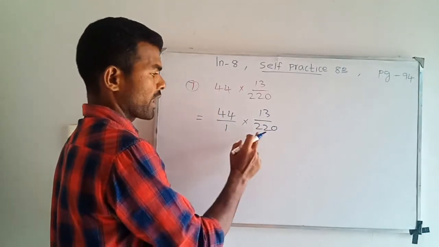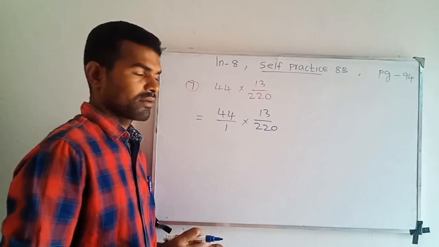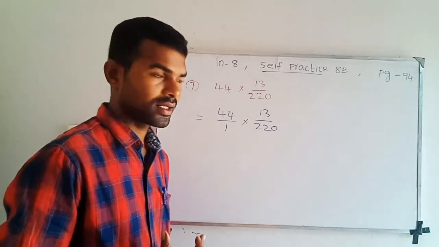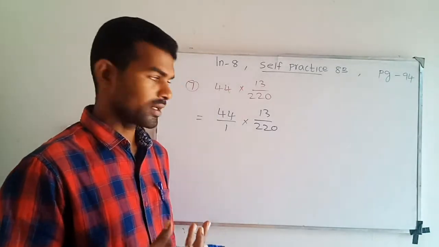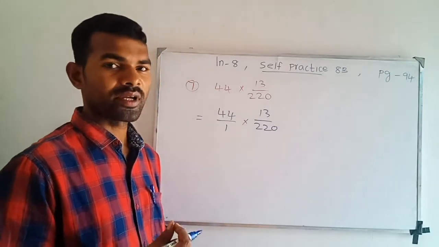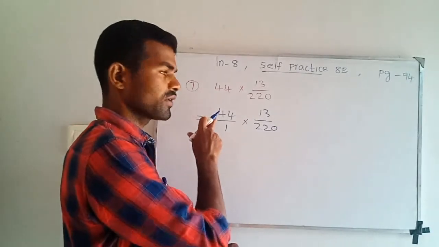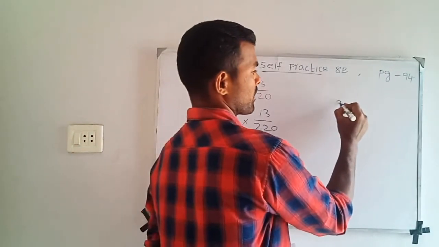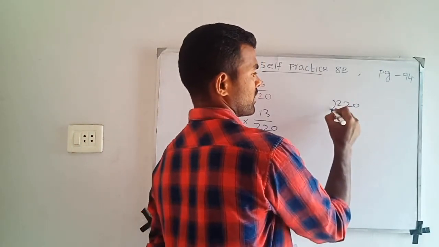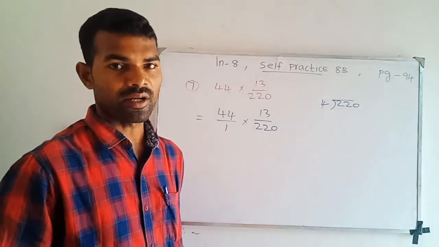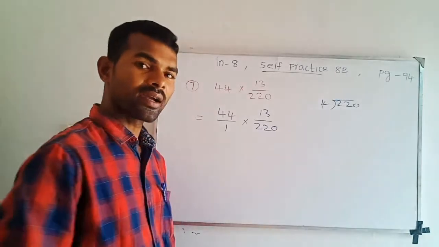So 44 and 220, what will be the common factor? 1 is a common factor, 2 is also a common factor, and see whether 4 is also a common factor. Divide the number by 4. If it divides exactly without remainder, then 4 is a common factor.